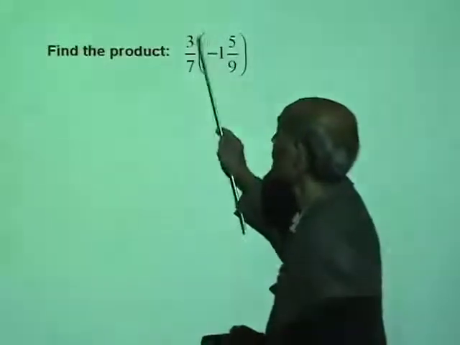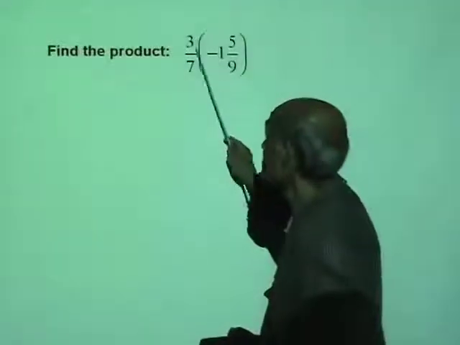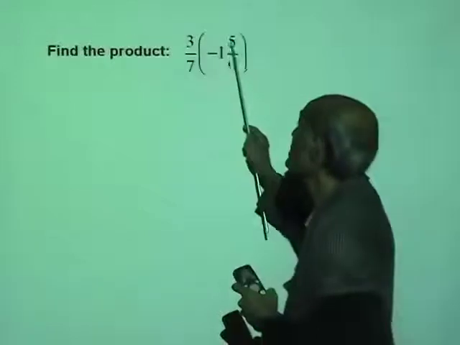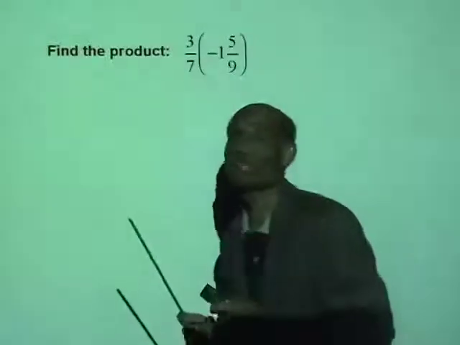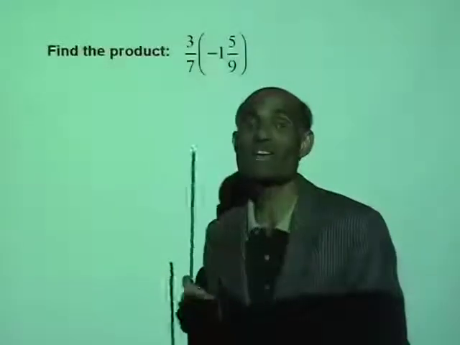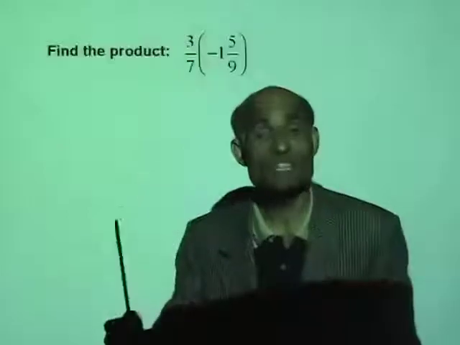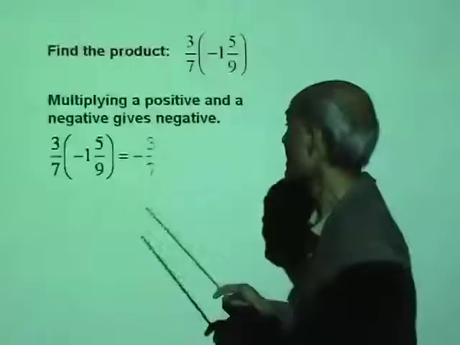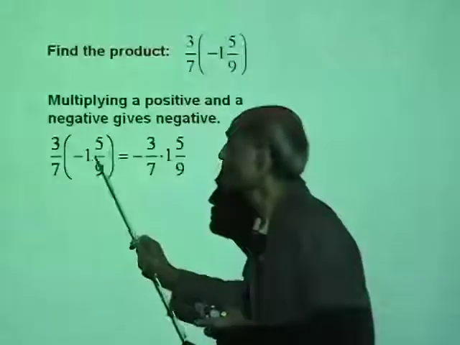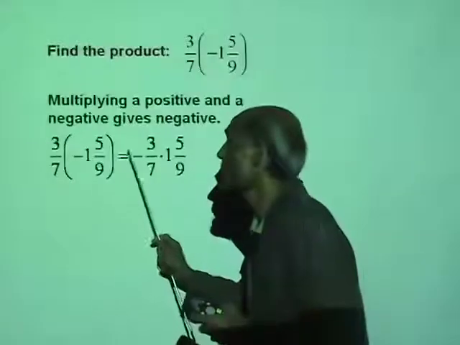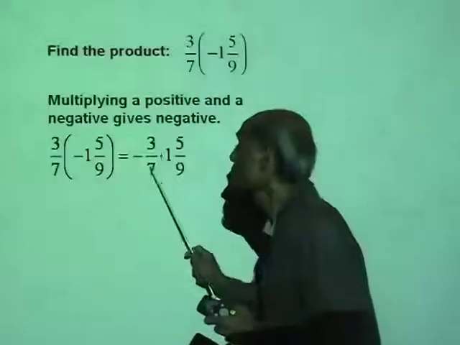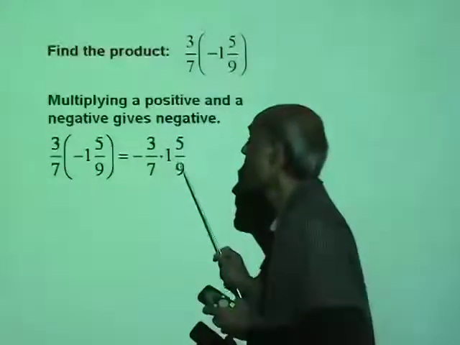Find the product of 3 over 7 times, look at that again, multiplied by, in parentheses, negative 1 and 5 over 9. A positive number multiplied by a negative number will give you a negative result. Alright, so I can now write it like this. 3 over 7 times negative 1 and 5 over 9 will give you a negative result equal to negative 3 over 7 times 1 and 5 over 9.